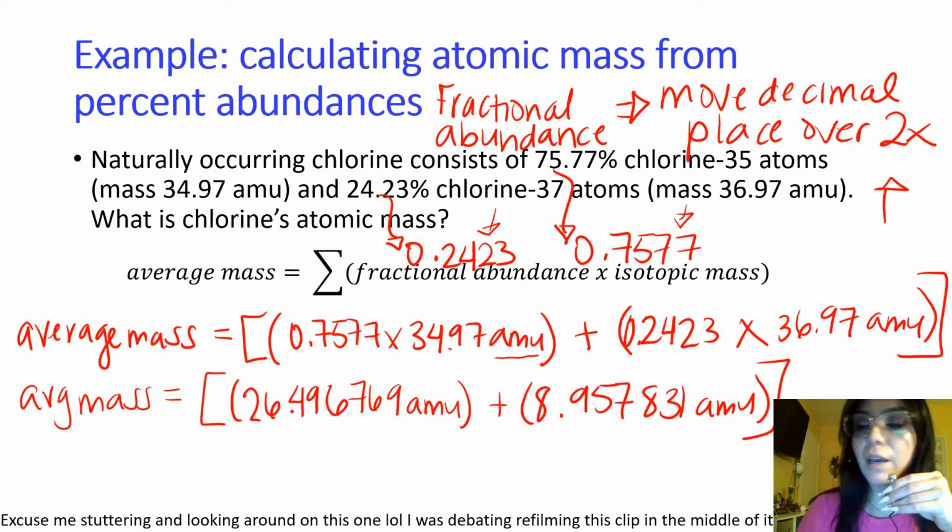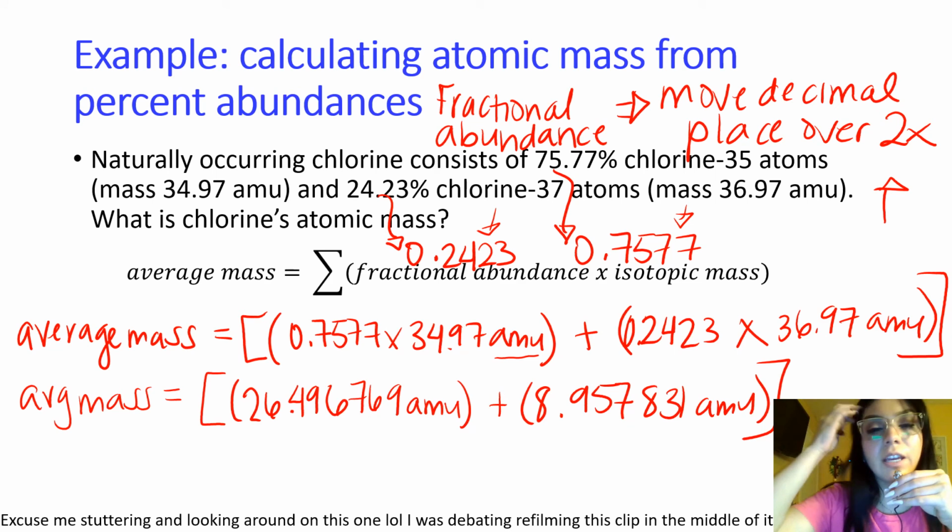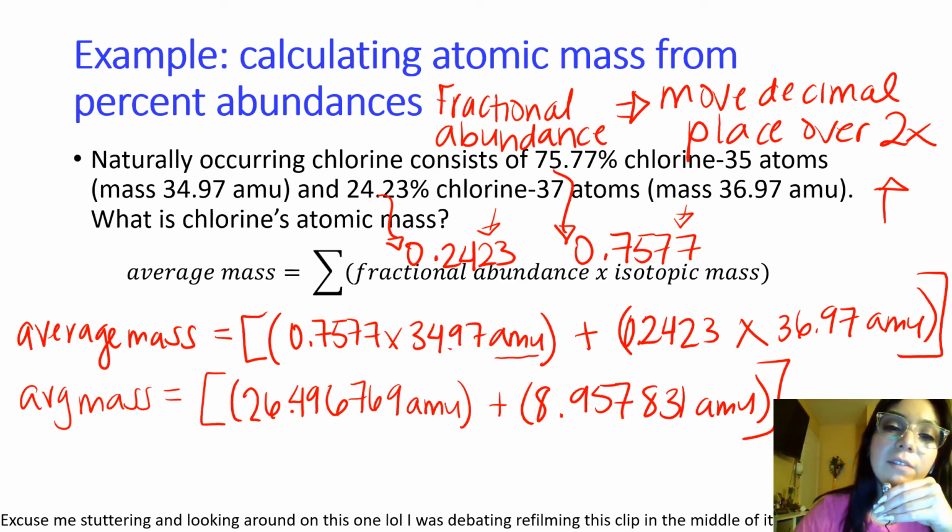Now, I calculated out my answers, and you can see here that I have kept all the possible digits I can. So, following the rules of sig figs, first I multiplied. Both of these numbers in this multiplication had 4 sig figs, meaning that your answer coming from that multiplication will only have 4 significant digits.